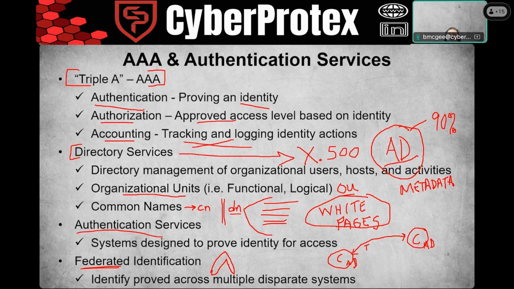And based off of that trust relationship, we can federate the identities. And that way, this one over here on the left-hand side can utilize your credentials to authenticate over to this one and vice versa.